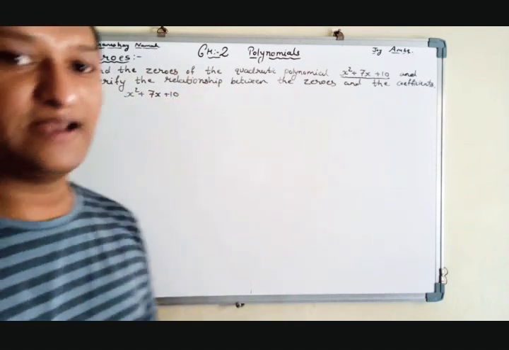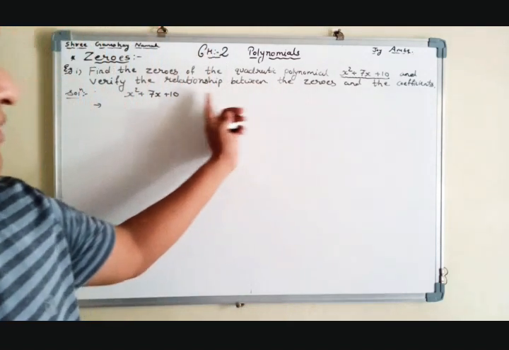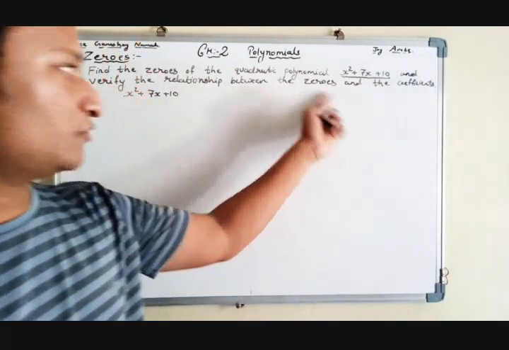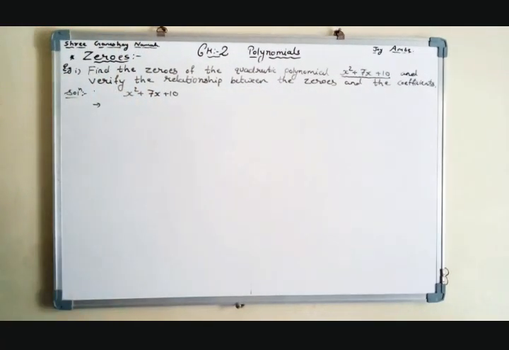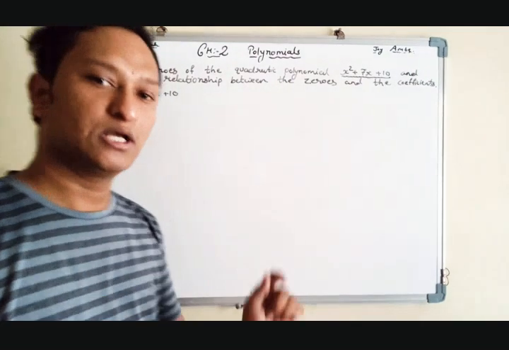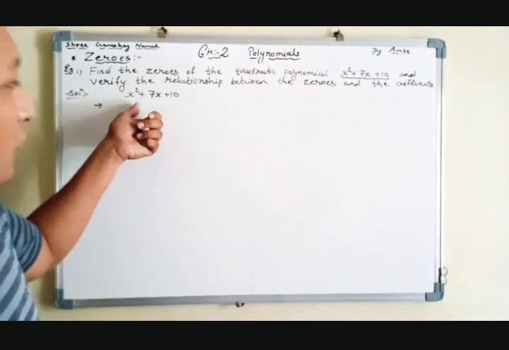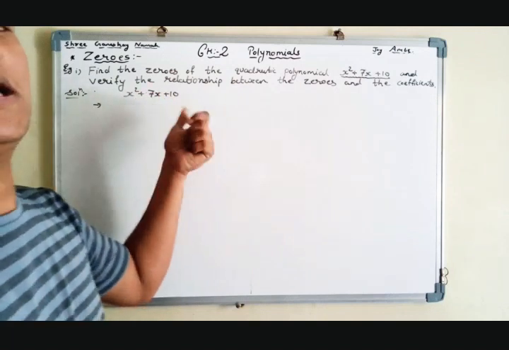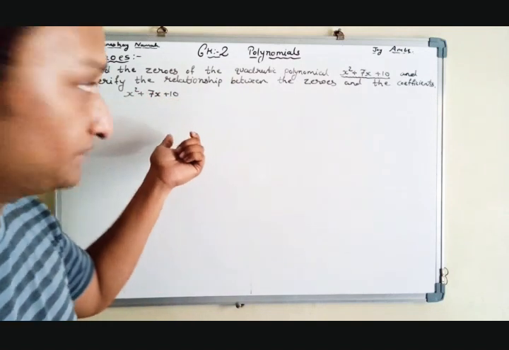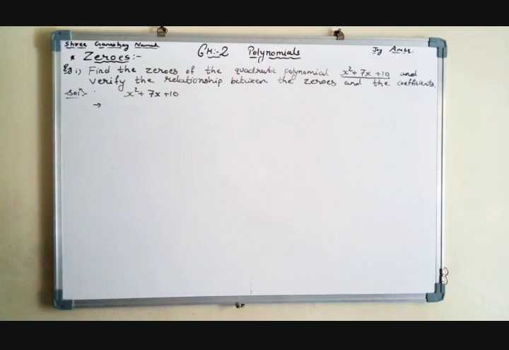First we will find the zeros and then we will verify the relationship between the zeros and the coefficients. So how will we find zeros? There are various methods. The first one is, turn by turn, you substitute the value x equals 0, 1, 2, 3 and find that. That takes a lot of time. The second method is the factorization method.